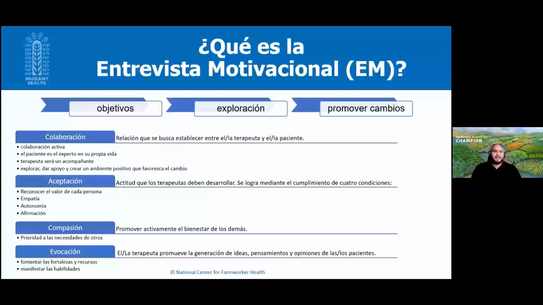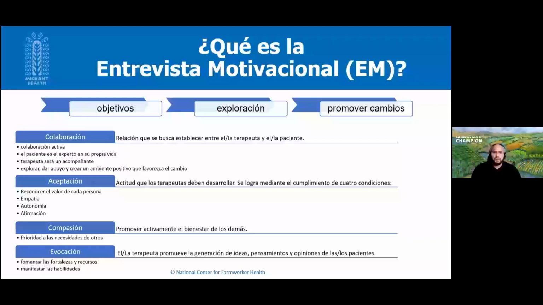We do this through exploration. We explore what reasons the patient may have to modify their behavior, maybe to help prevent a certain condition or to manage a condition, or maybe just simply to improve their lifestyle.